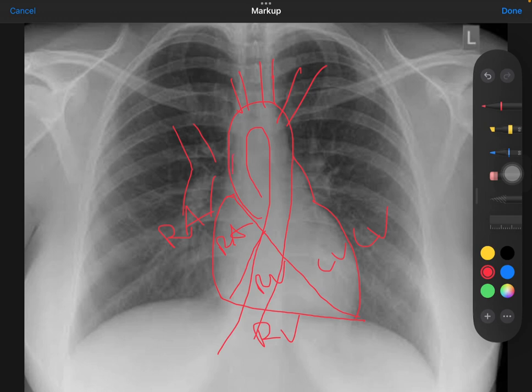This is the ascending aorta, this is the descending aorta, and this part that is formed is called the aortic knuckle. Now you understood which part is the aortic knuckle. This part is the aortic knuckle, this part is the left atrial appendage.